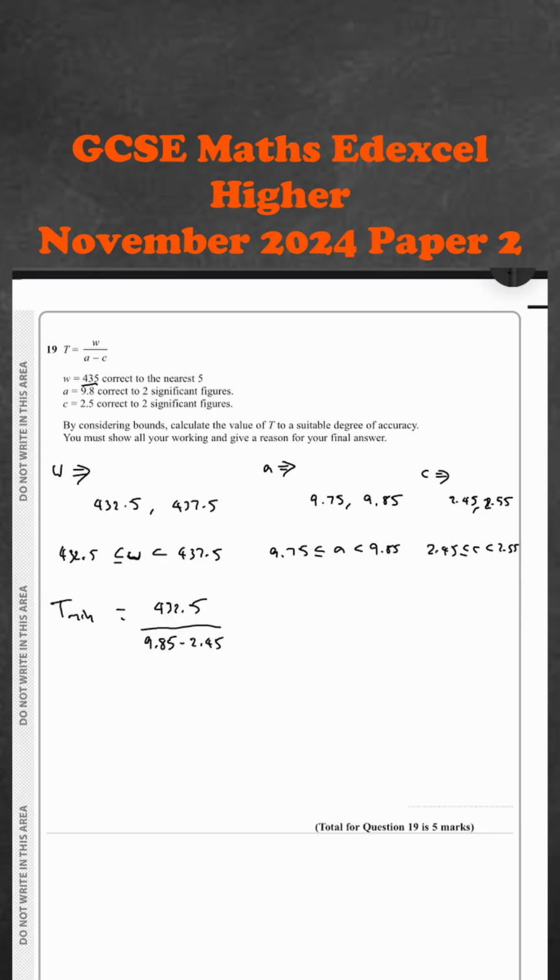So this is going to be 432.5. Let's do my calculator. 9.85 divided by 2.45, and then 432.5 divided by that. I get 58.45, roughly.